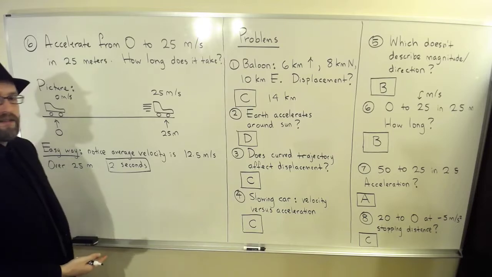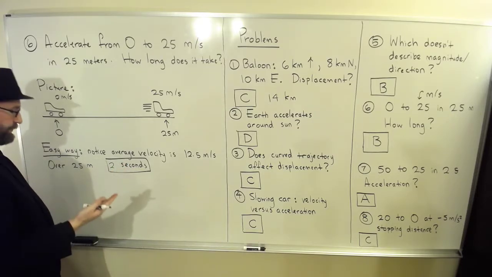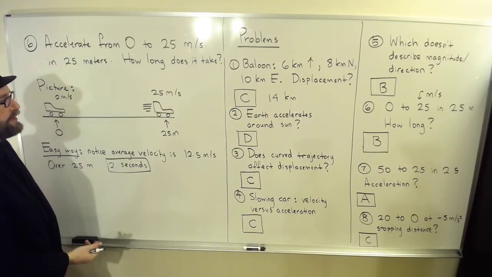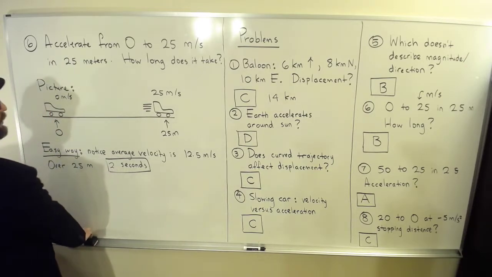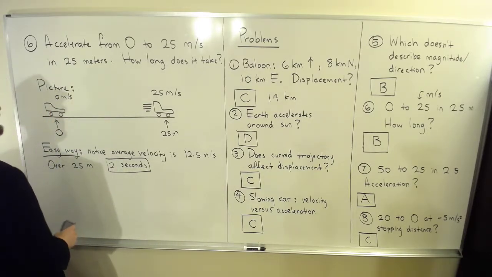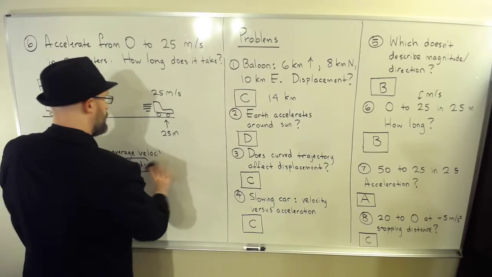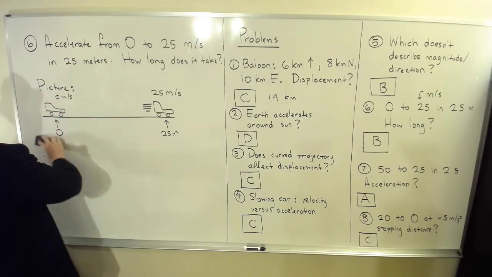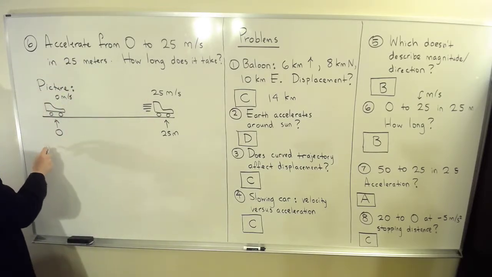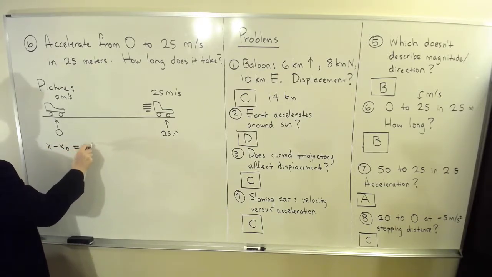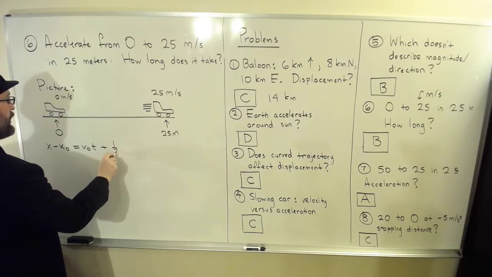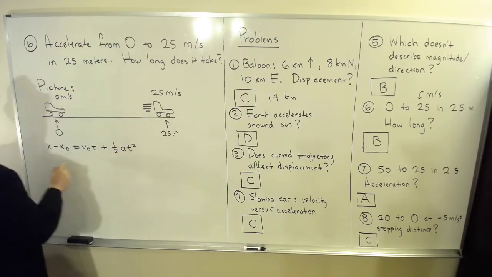Maybe this doesn't make sense to you though, or maybe it's not obvious that you would do this. So if you wanted to use equations, you could use equations. It would just take a lot longer. So let me show you what would happen. The equations I told you before, I told you 3 equations. x minus x0 is v0 t plus 1/2 a t squared.